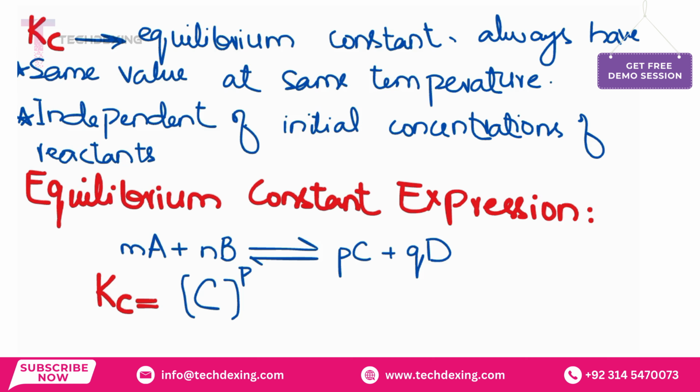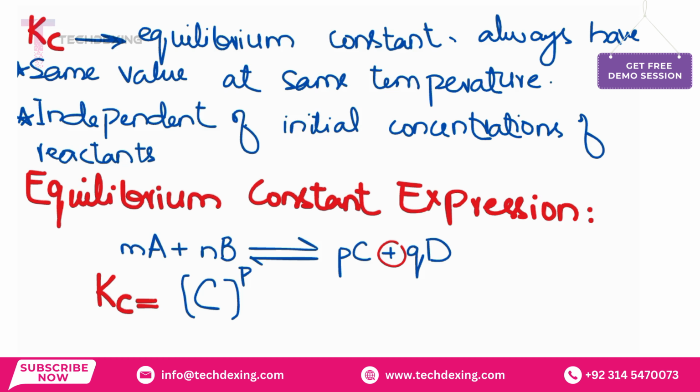Keep in mind that many students make the mistake that in the balanced chemical equation, the plus is written between the two products. But in the equilibrium constant expression, you should not write down the plus. The molar concentrations of the reactants and the products would be multiplied with each other, right?